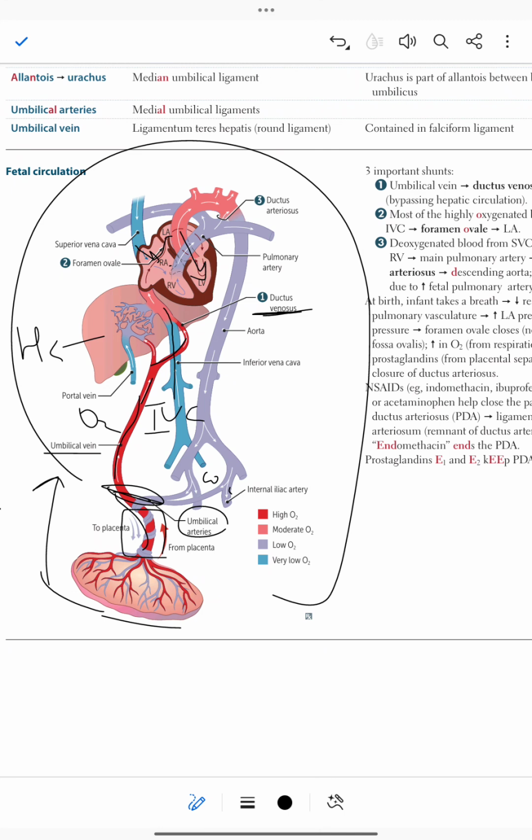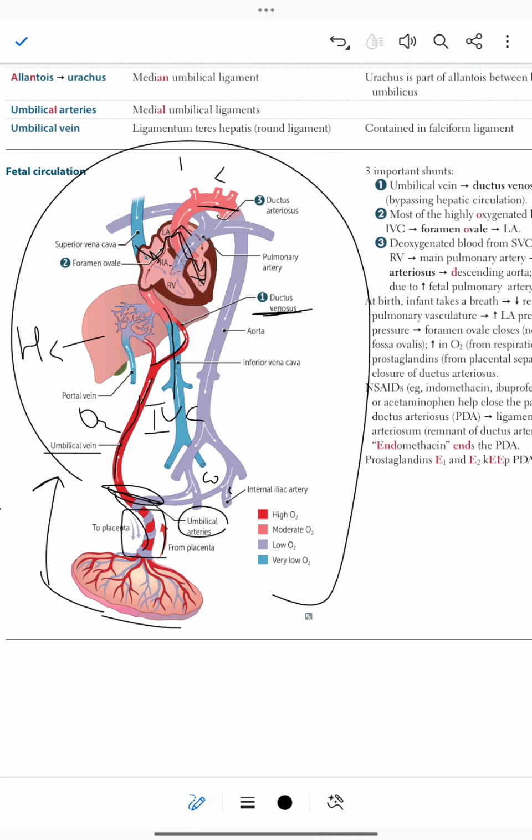Then left ventricle releases the blood to the aorta. From aorta starts systemic circulation. In the arch of aorta, 3 large branches. First branch is brachiocephalic trunk, also known as innominate artery.